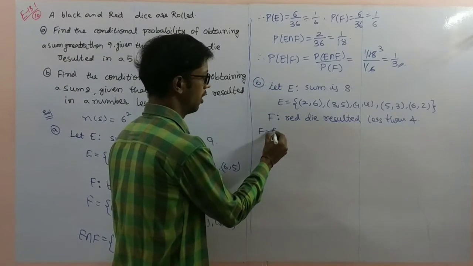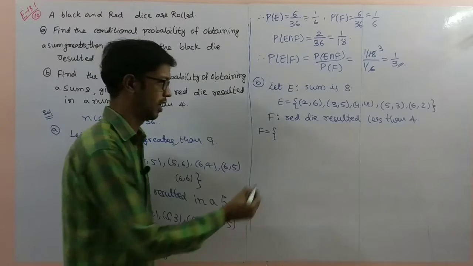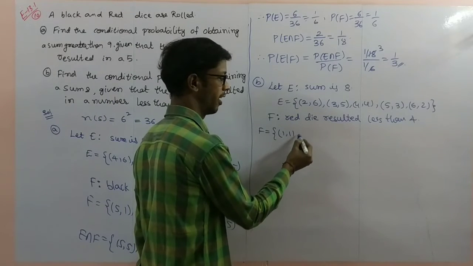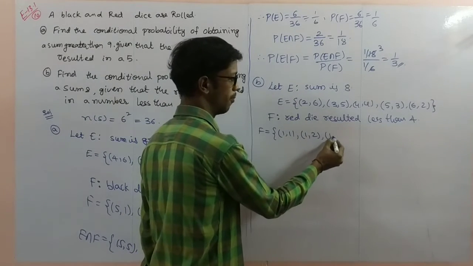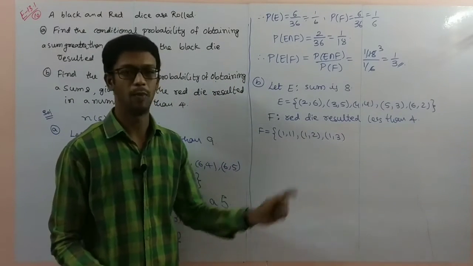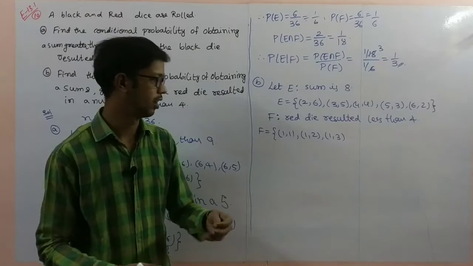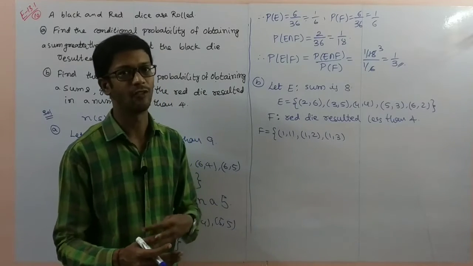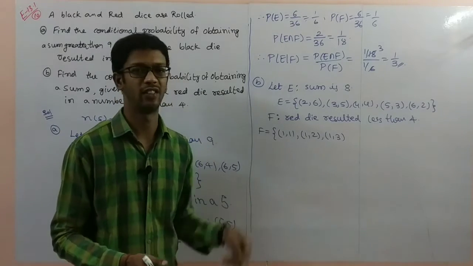So F favorable outcomes: second one is red. This one black, second one 1. Possibilities: black 1, red 1; black 1, red 2; black 1, red 3.